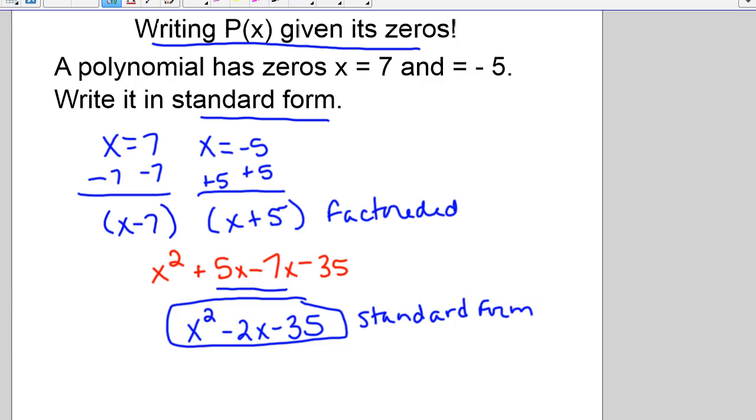Okay, let's do something a little harder. This polynomial has zeros negative 3 and 4i. Please write the polynomial in standard form. Well, what we learned the other day was 4i has a conjugate, and its conjugate happens to be minus 4i.